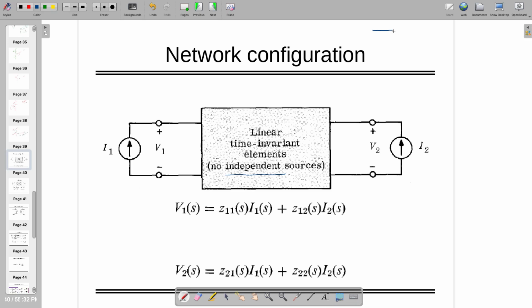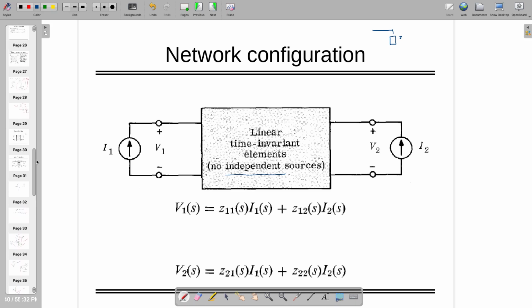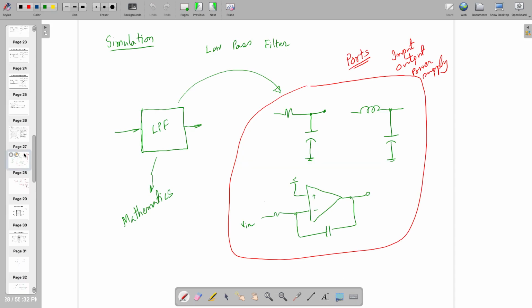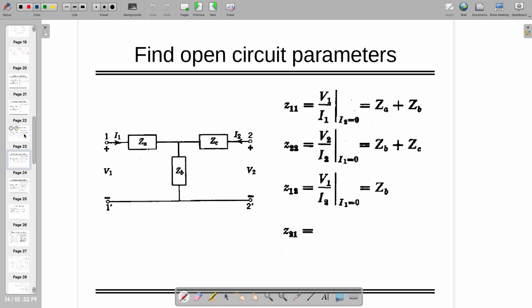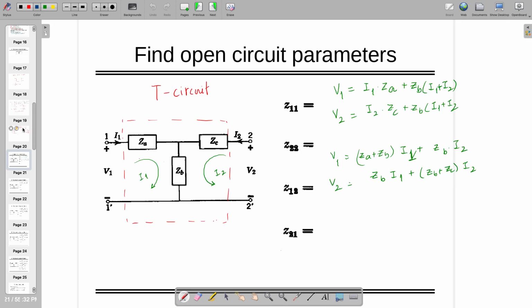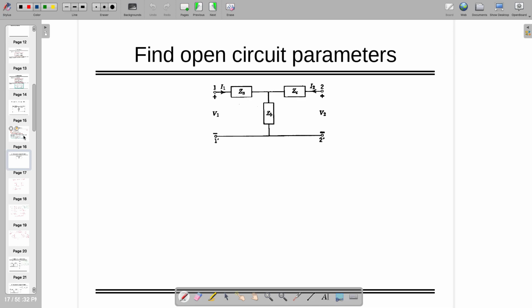Earlier what we have drawn, we should have that diagram already available with us. Okay, I'll draw that diagram again.